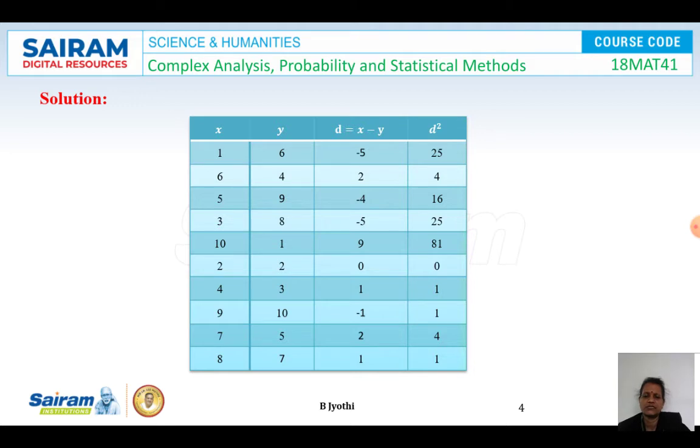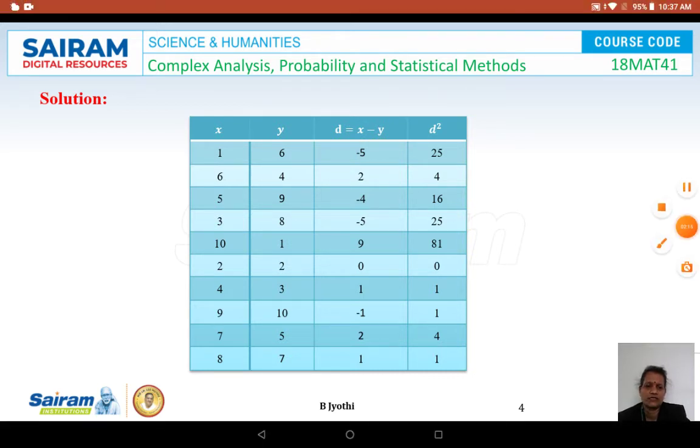Let's see the solution. It consists of a table of values with x, y, the difference between x and y, and the square of that. So we have the data 1, 6, 5, 3, that is the rank of the first judge and the rank of the second judge.